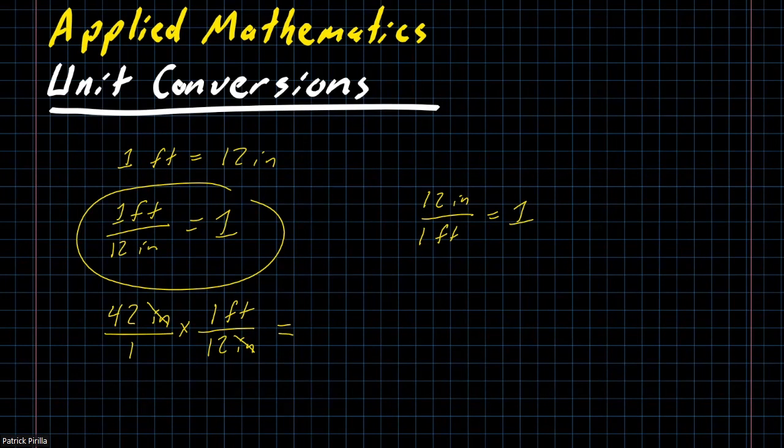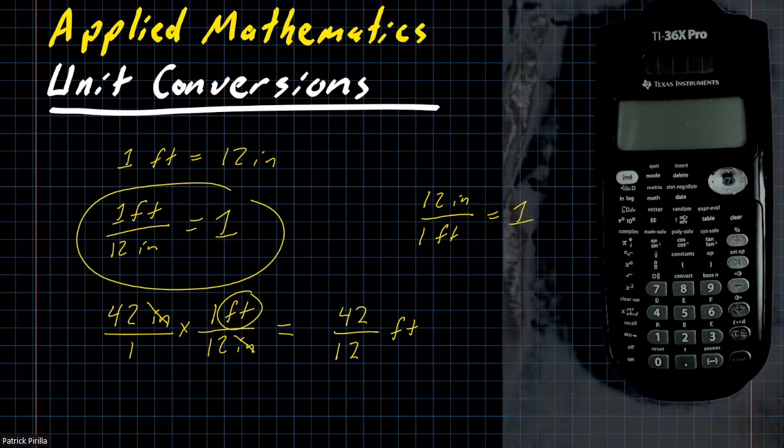That leaves me with 42 in the numerator, 12 in the denominator, and the only units I am left with are feet. From here, I can grab out my calculator. I can divide 42 divided by 12 and get 3.5 feet as the equivalent measure of 42 inches.